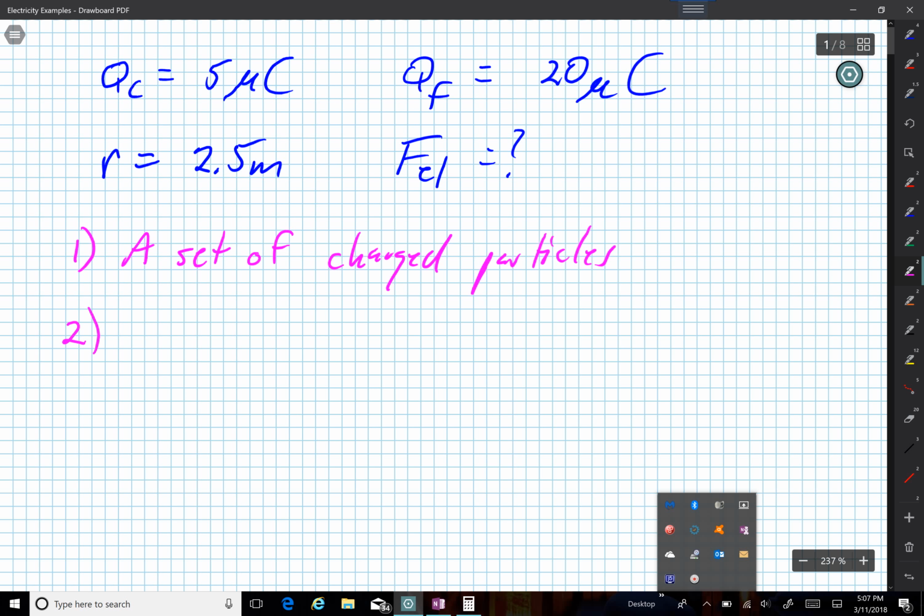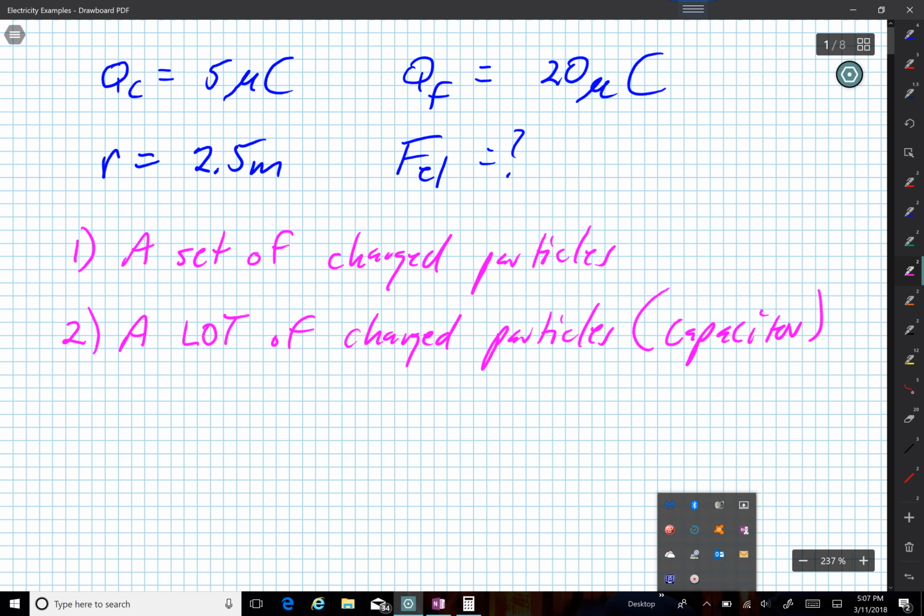The other kind of problem is one where we're going to have a lot of charged particles. And most of the time, that's going to be a capacitor problem.